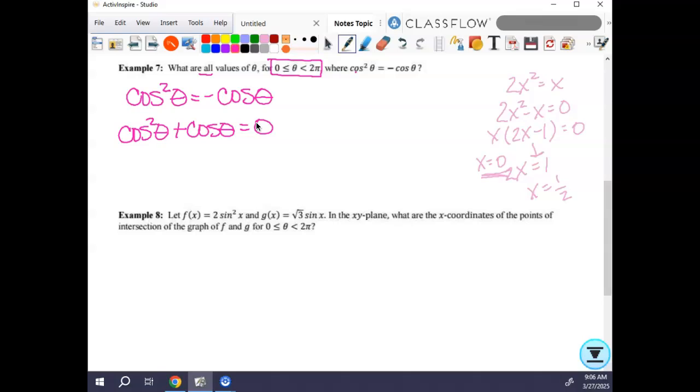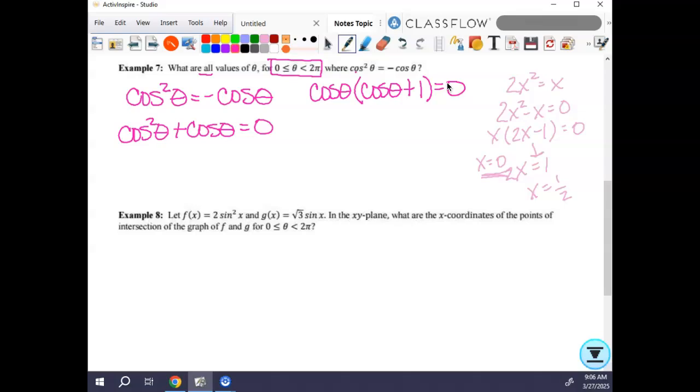What's my GCF? Cosine theta, right? So if I factor out cosine theta, that leaves me with cosine theta plus 1, and all that equals 0. The factoring rules are exactly the same as if it was just a theta or just an x and doesn't have a cosine on it. Everybody okay with where everything came from?